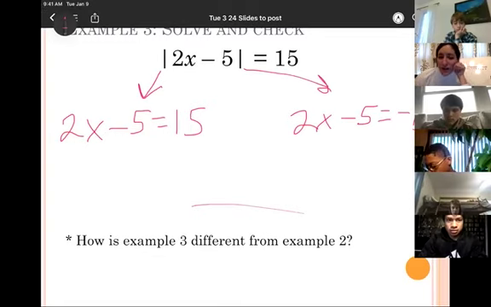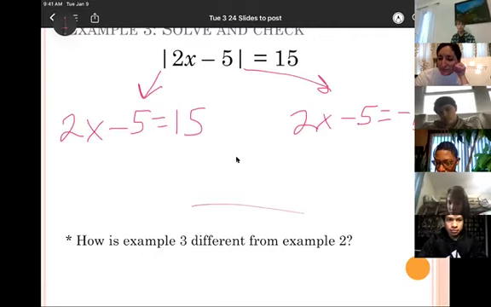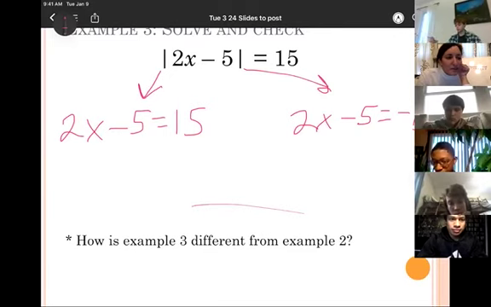All right. So, Xavier, what would you do to solve this first equation, the 2x minus 5 equals 15? What's the first thing you would do? Xavier, can you hear us? Robbie, what's the first thing you would do to solve this equation?